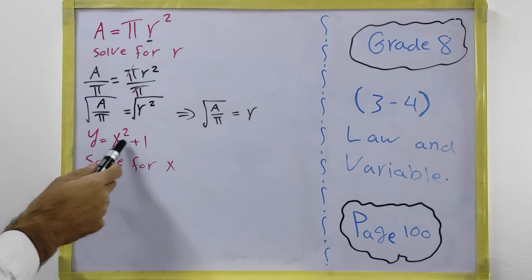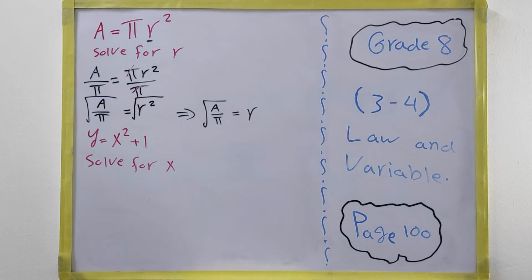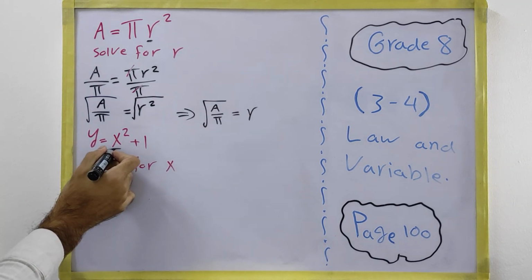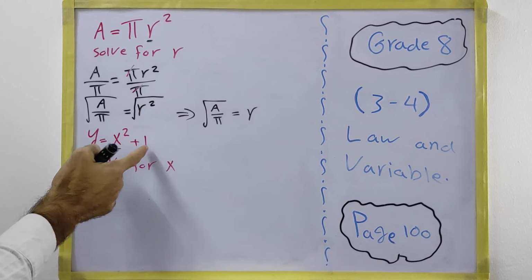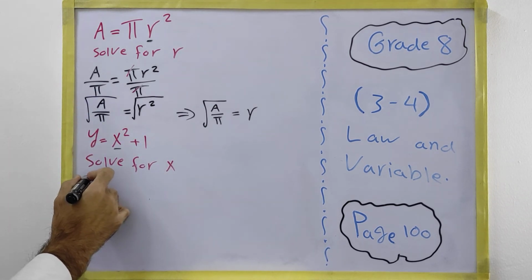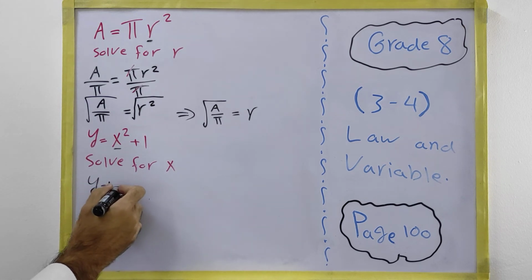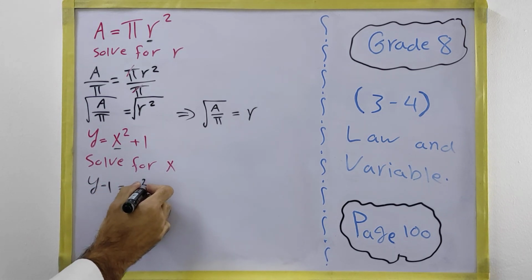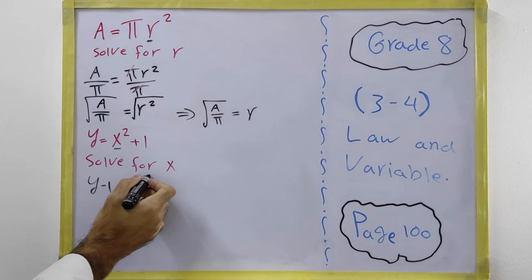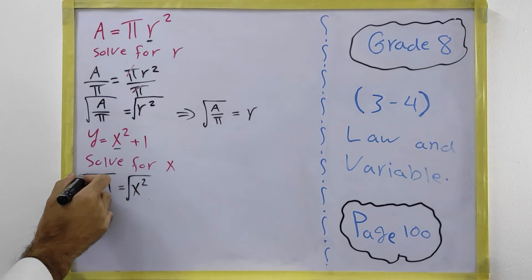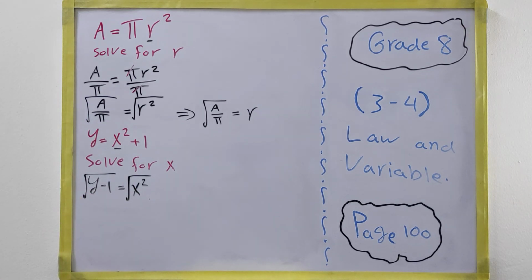The other one, solve for x. Solve for x, it means we want x equals something. We have plus 1 with it. Directly we move it to the other side. Y minus 1 equals x power 2. And we have power 2. Take the square root of both of them.